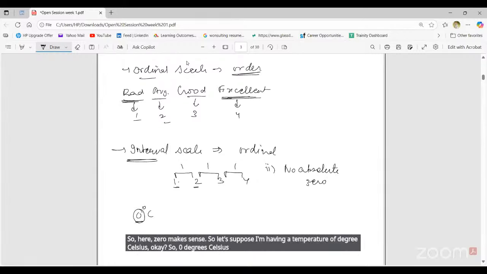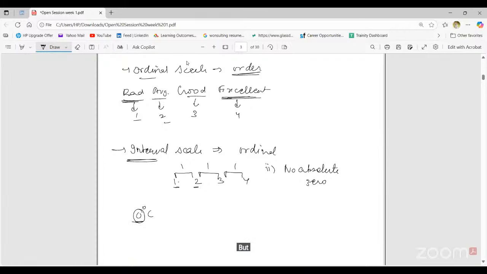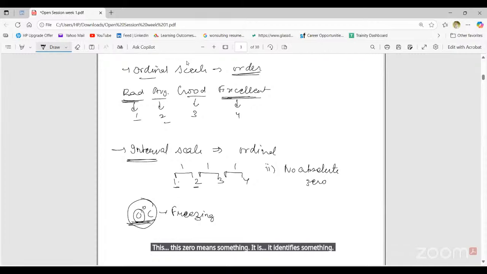If I just say zero, zero means nothing, right? But here 0 degree Celsius is the freezing point, the freezing point of water. This zero means something. It identifies something about the temperature, right? So this is a no absolute zero.